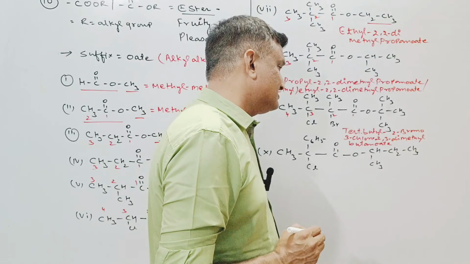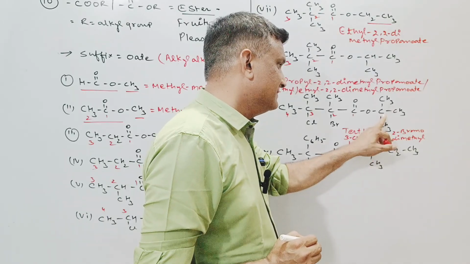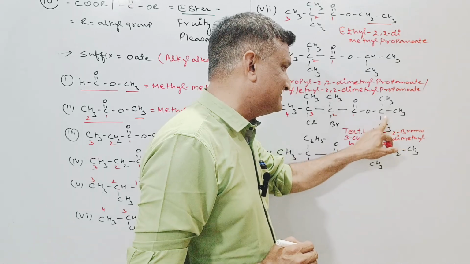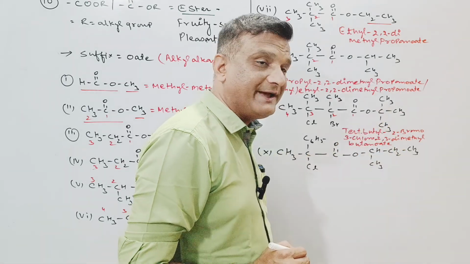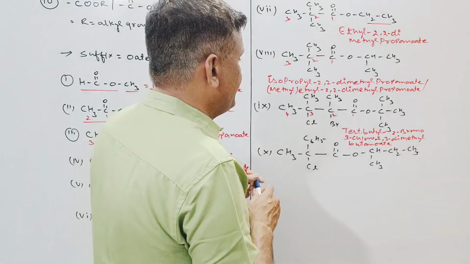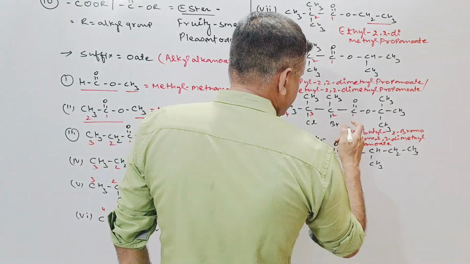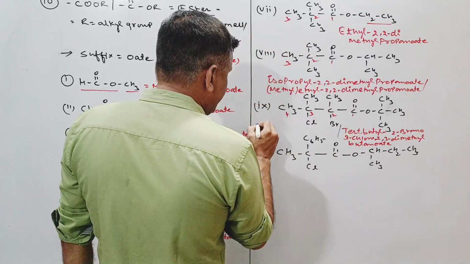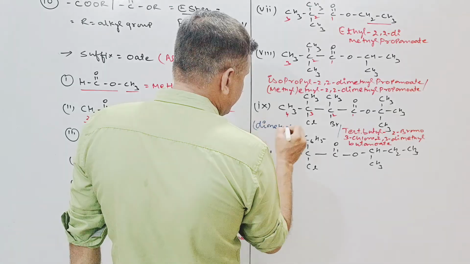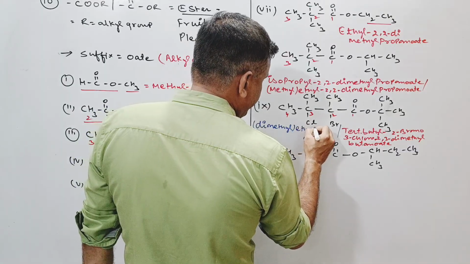If we'll go with the another system, then we can call it just these are the derivatives of ethyl again. CH2 CH3 होता है, यहाँ से H को हटा कर आपने 2CH3 अटैच किया. So you can use another name also. That will be over here. This is the dimethyl. This is the ethyl.